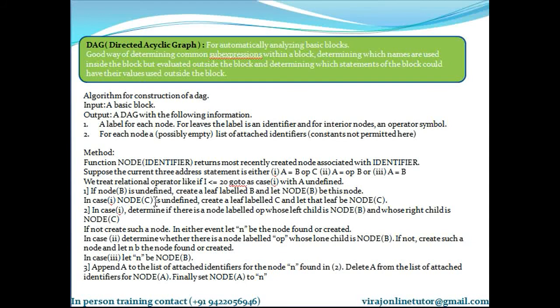If node of B is undefined, that means the node is not there, right? So we create a leaf and label it B, and let node of B be that particular node.